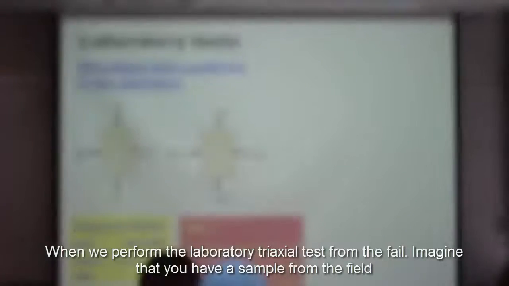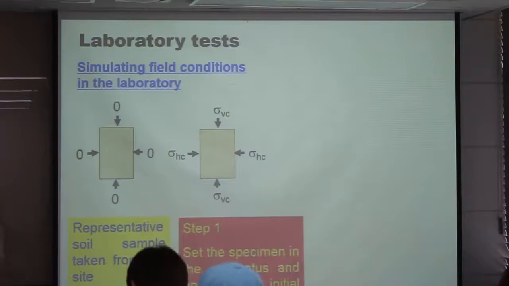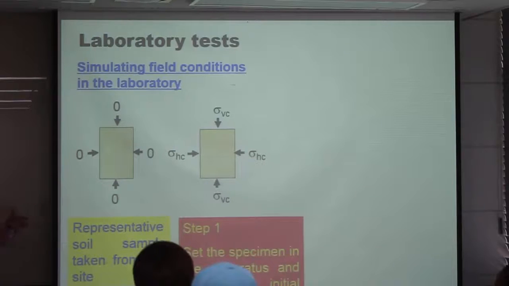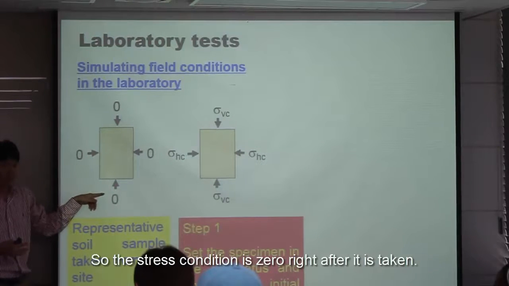So when we perform the laboratory triaxial test, imagine that you have a sample from the field. Once you get the sample from the field, all the stress is released, so the stress condition is zero right after you take it.